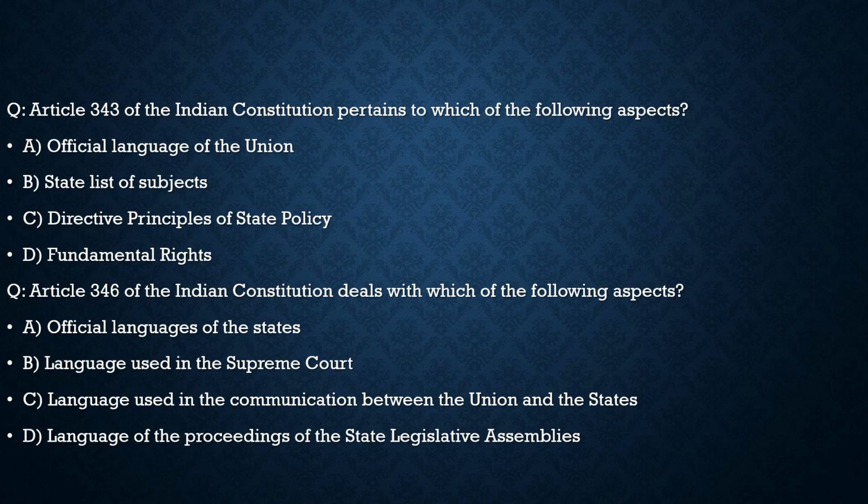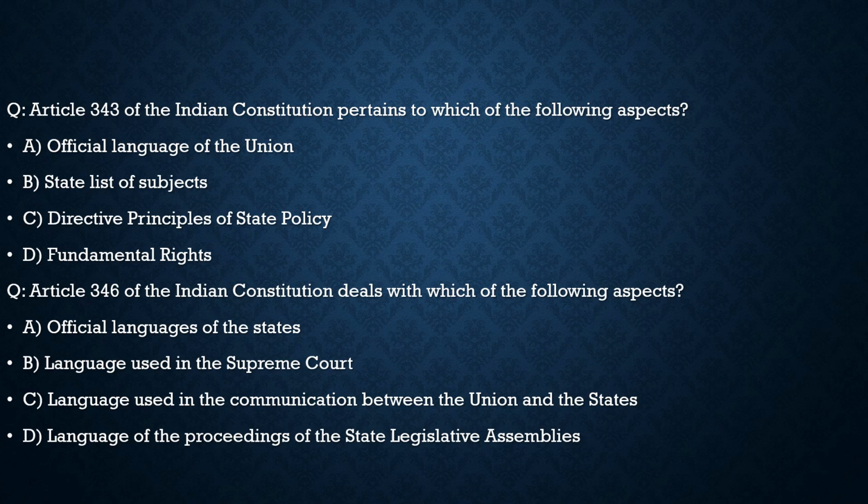Is it related to the fundamental rights? No. It is definitely related to the official language of the Union. According to Article 343(1), the official language of the Union shall be Hindi in Devanagari script. And according to Article 343 Clause 2, an exception is given for English. So for this question, the correct answer is option A.